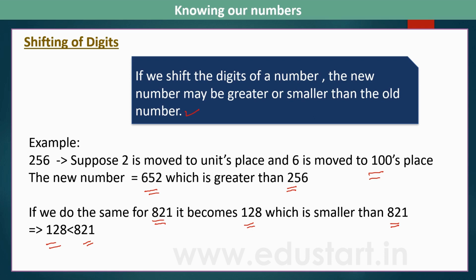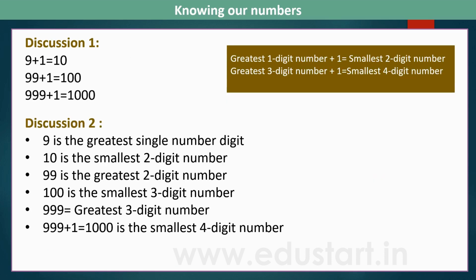Understood? So now we can see greatest 1-digit number plus 1 is equal to smallest 2-digit number. So what is the greatest 1-digit number? 9. 9 plus 1, 10. 10 is the smallest 2-digit number. Greatest 3-digit number plus 1 is equal to smallest 4-digit number. So what is the 3-digit number? 999 plus 1 is equal to 1000. 1000 is the smallest 4-digit number.